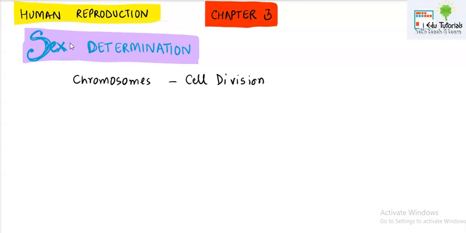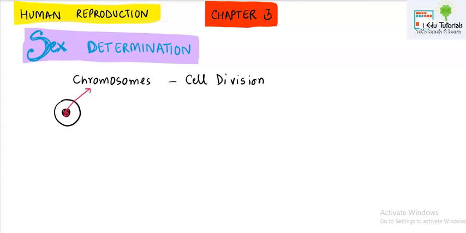of the chromatin fiber. If you talk about any one cell of the human being, it has a nucleus in the center. In the nucleus, chromatin fibers are there, and these chromatin fibers condense to form the chromosomes.